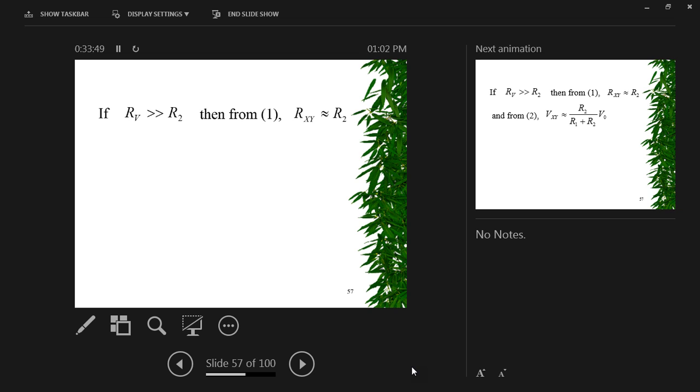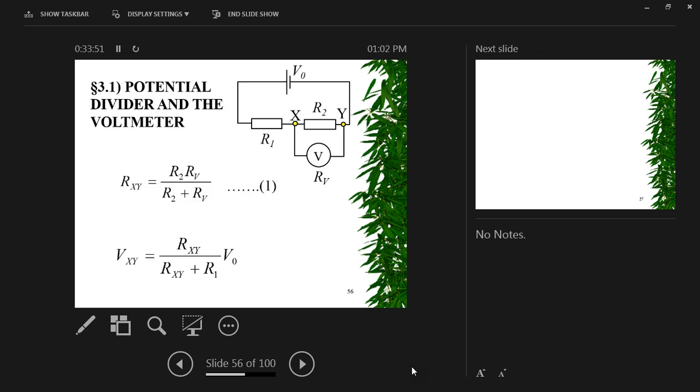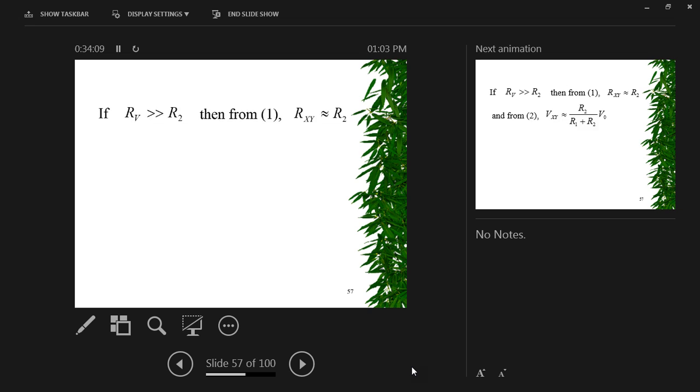If we make RV very large, then this expression will become R2. It looks quite complicated like this, but when you do the resistors in parallel formula, it's much easier, because one of the terms will be 0. So once you do that, you get Rxy equals R2.